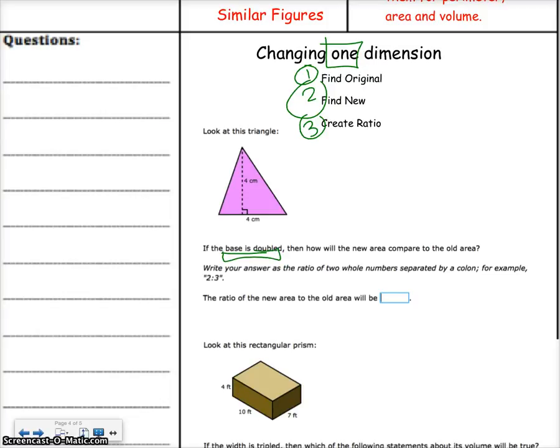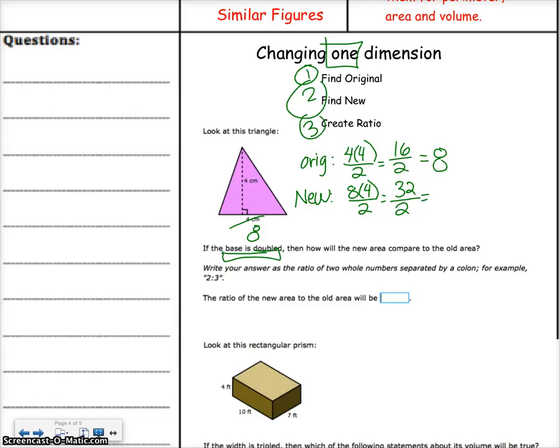So I'm going to find my original. So my original area is 4 times 4 divided by 2, 16 over 2, 8. My new area, now I doubled the base, so I'm going to turn that to 8, would be 8 times 4 over 2, 32 over 2, 16.